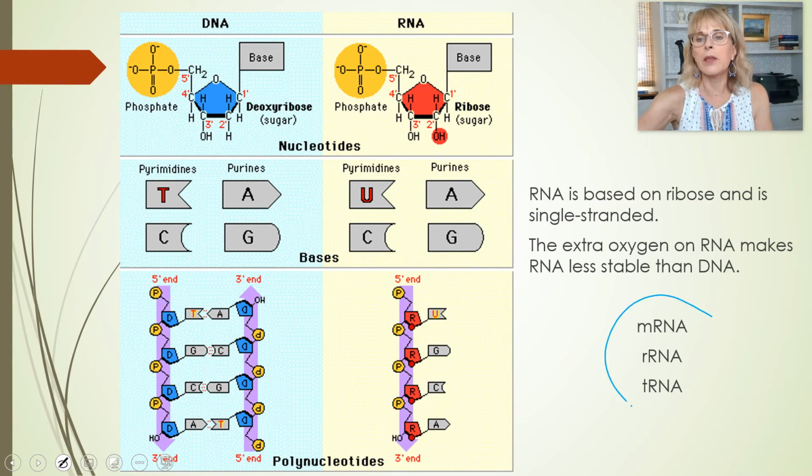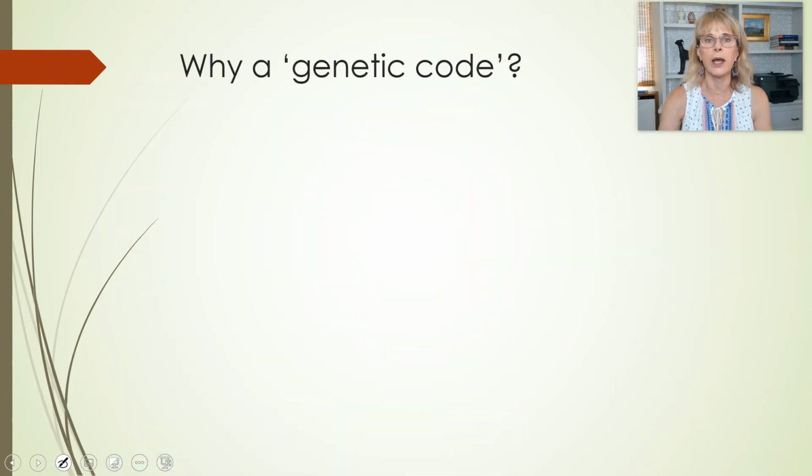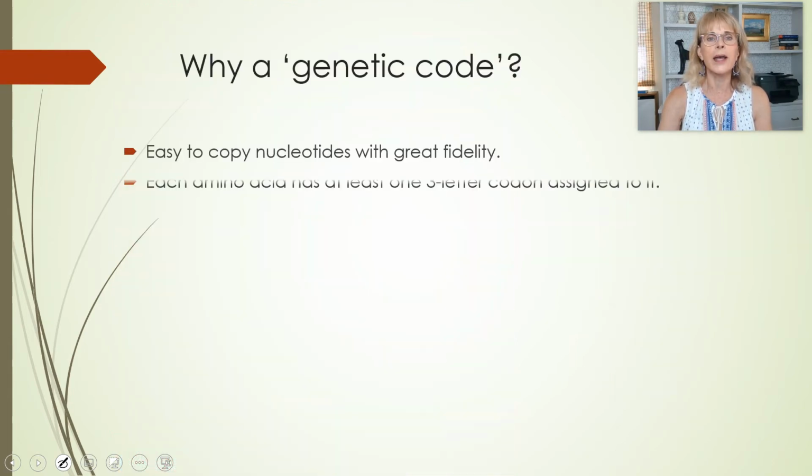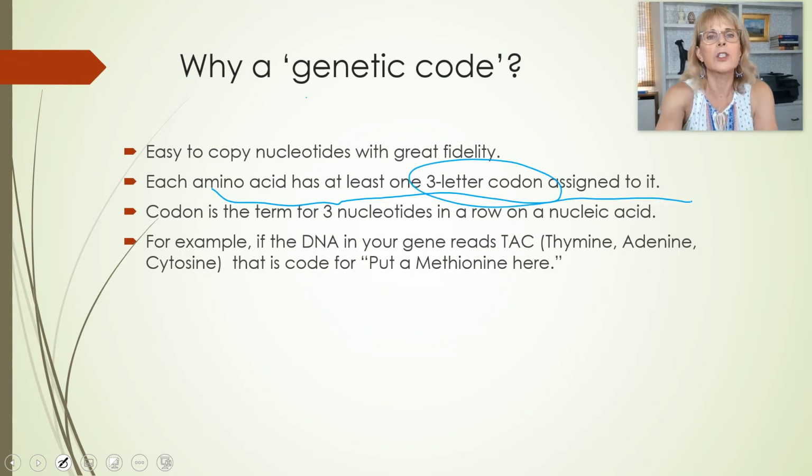Now, there are 3 kinds of RNA that we're going to talk about in our story, and we'll get to them. So why a genetic code? This system makes it easy to copy nucleotides, the monomers, with great fidelity. That means no mistakes. Each amino acid has a 3-letter codon that's been assigned to it, a genetic code.